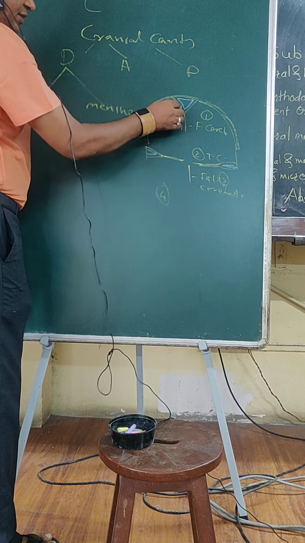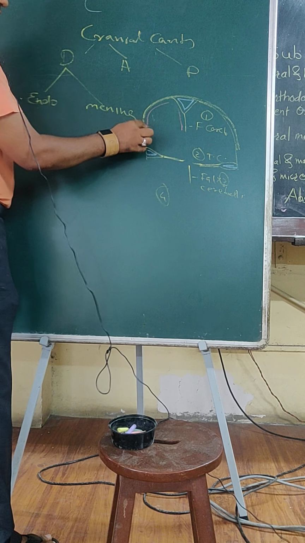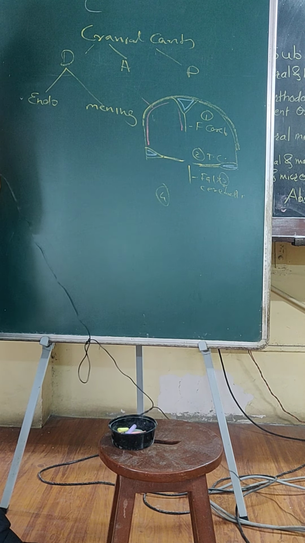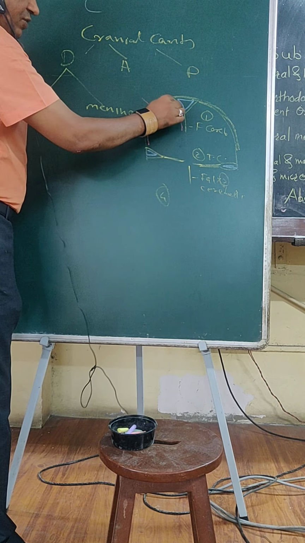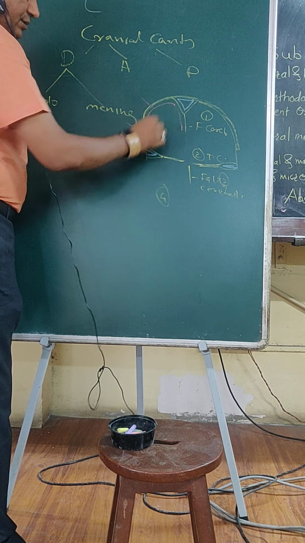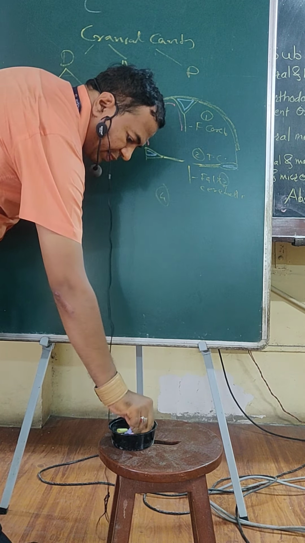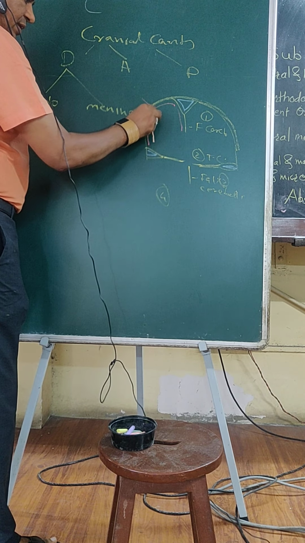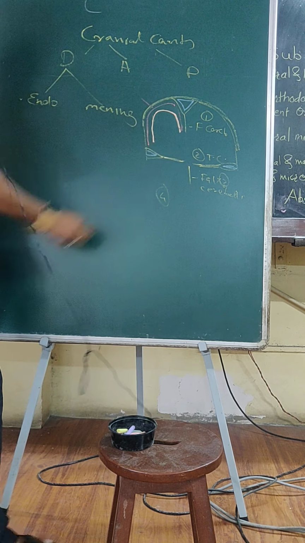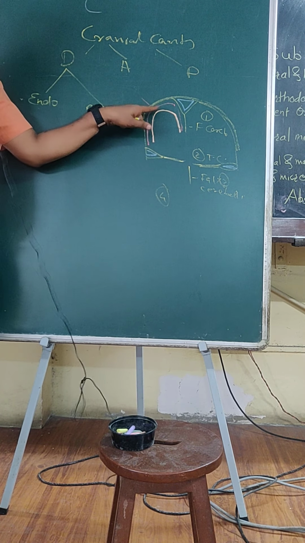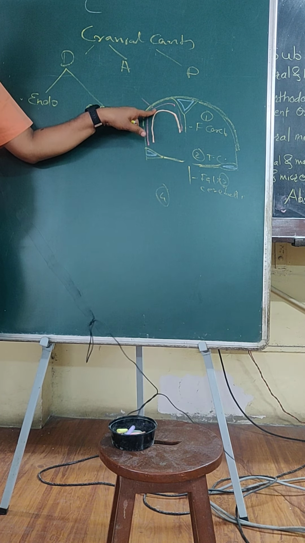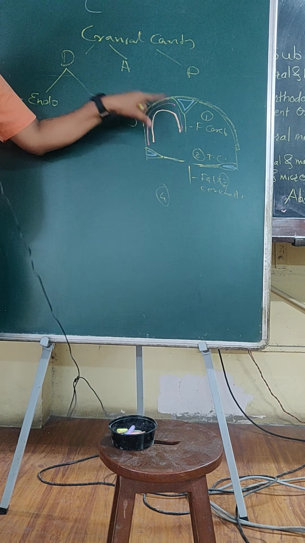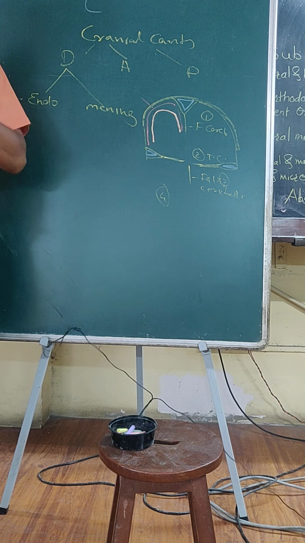And between the dura and arachnoid, what space will be there? Now what is there below the arachnoid? What is there in this space? Subarachnoid space. What is there inside the subarachnoid space?